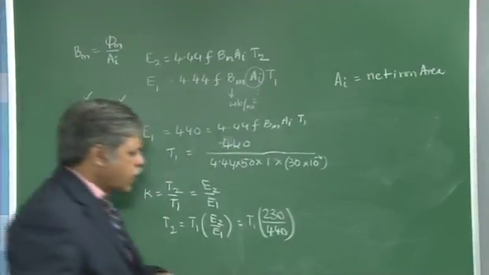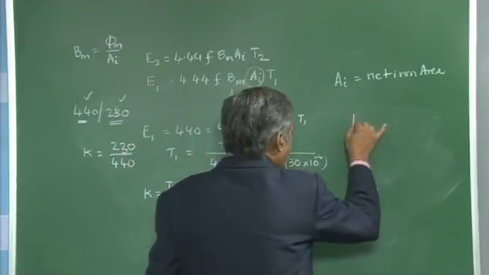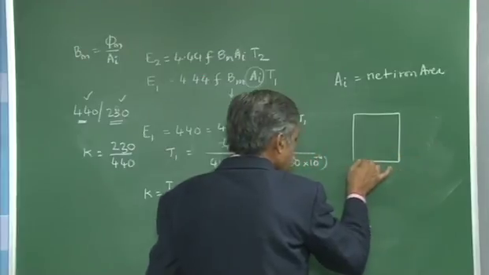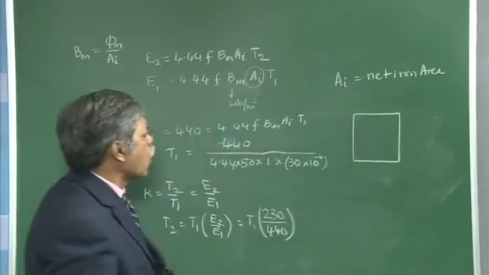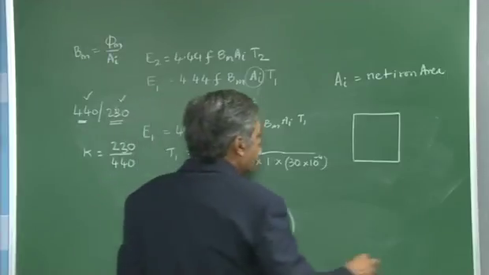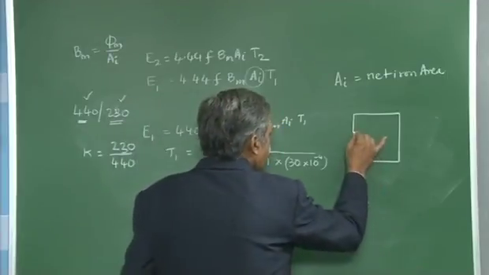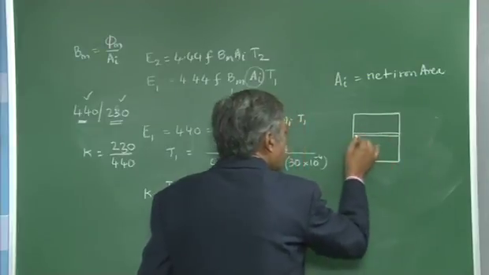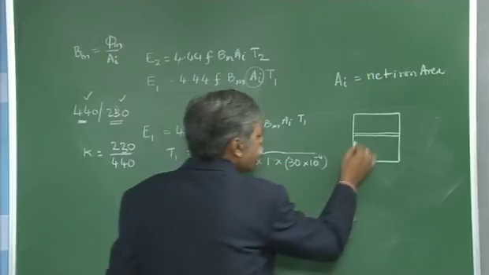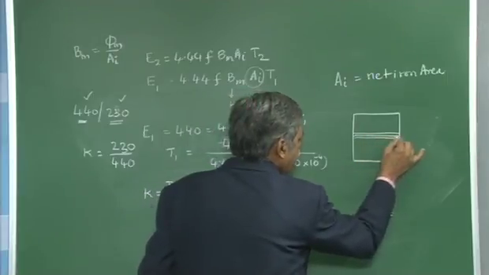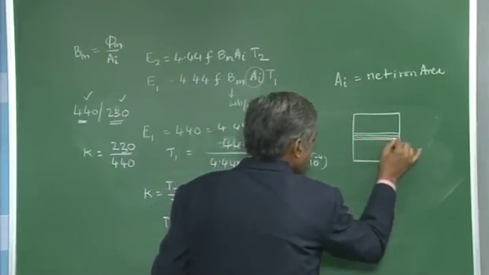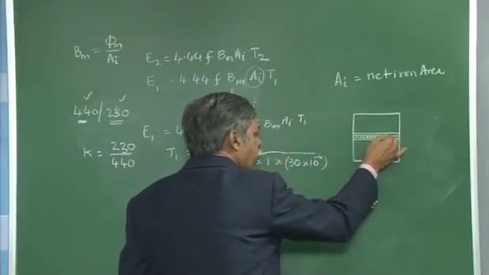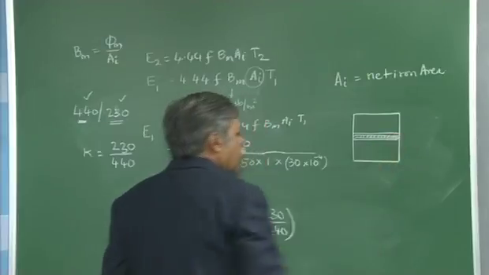So, it is like this. I have my core cross section, let us say rectangular. Okay. I am making this core laminated to minimize the eddy current losses. So, what I have here is my first lamination. The lamination thickness will be small, and the second lamination will be on the next side. Now, the space between the laminations that I have left will be filled up with an insulating material.